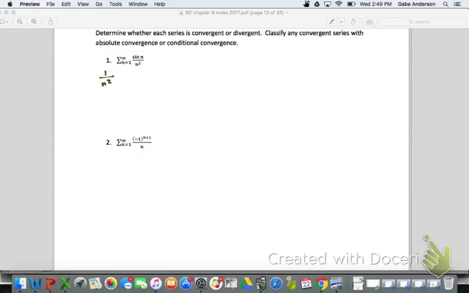Yep. So let me rewrite that just a little bit. Let's put it like this: 1 over n squared and sine of n over n squared and 0. Okay, so sine of n over n squared is always going to be less than or equal to 1 over n squared.